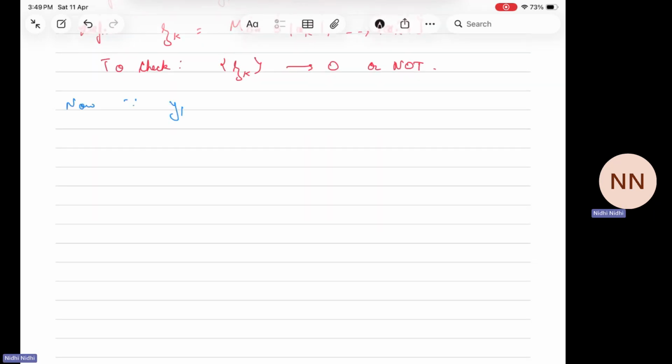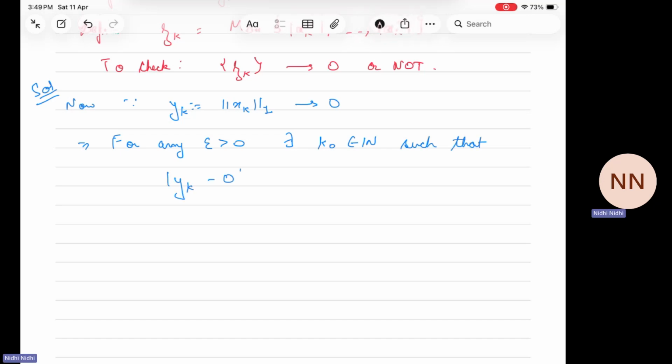Since yk, which is the one norm of xk, converges to 0, this implies for any epsilon positive there exists a stage k0 in N such that mod yk minus 0 is less than epsilon for all k greater than or equal to k0.